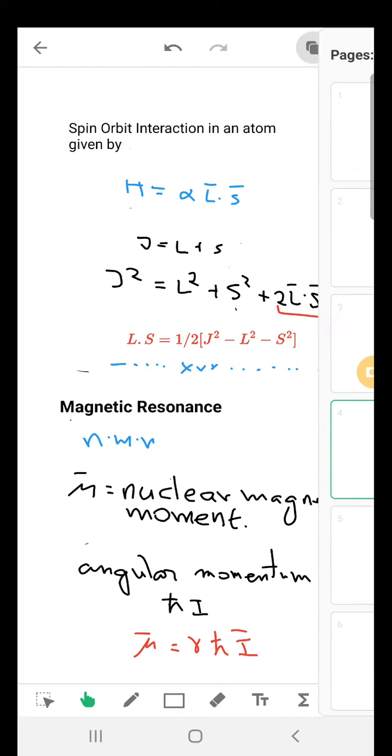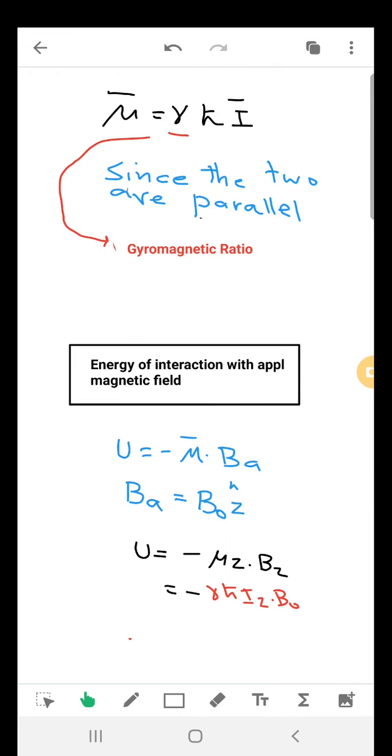Now the reason it is written that way is that mu and this I is the angular momentum of the nucleus, so the magnetic moment and angular momentum of the nucleus are parallel, so they can be written in a similar form. And this gamma is the ratio between these two. This is called the gyromagnetic ratio, as similar as it is in the case of atomic spectroscopy.